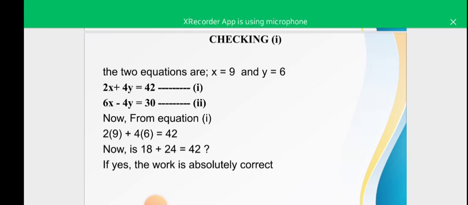You see, 2x means 2 times x, and the x is 9. So 2 times 9 plus 4 times 6 is equal to 42. Now, is 18 plus 24 equal to 42? If yes, the work is absolutely correct.